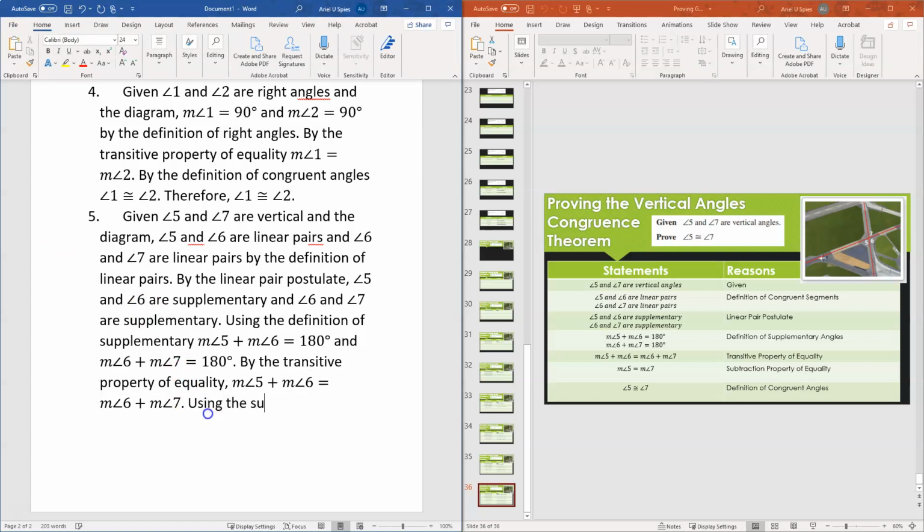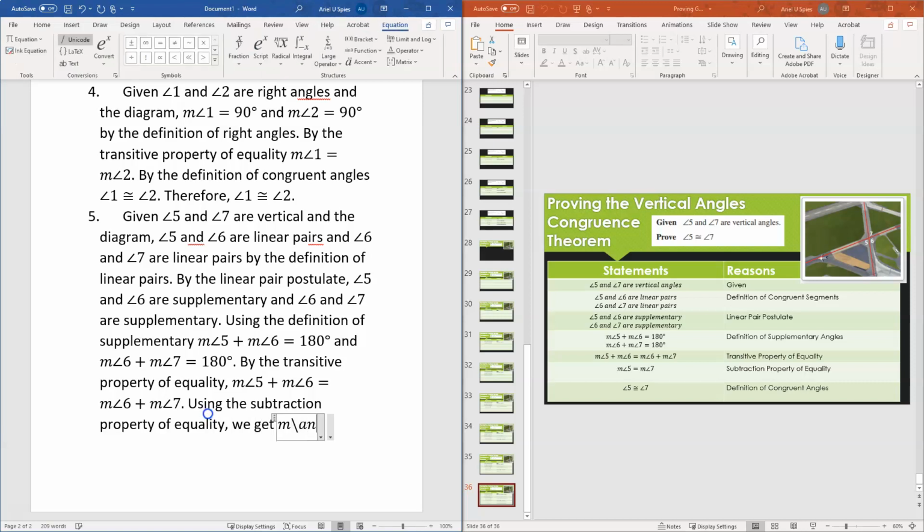Using the subtraction property of equality, we get just the measure of angle 5 equals the measure of angle 7.